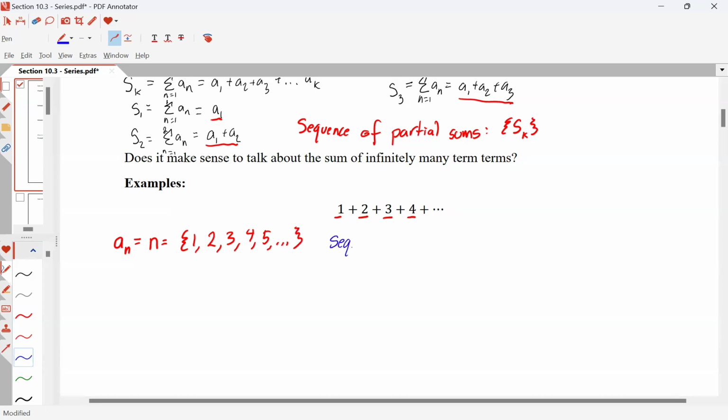So this is the sequence. The series, the sum from n equals 1 to infinity of a sub n, is just what is written up here. It's taking those 1 plus 2 plus 3 plus 4 plus 5 plus 6 and so on. So this is the series.